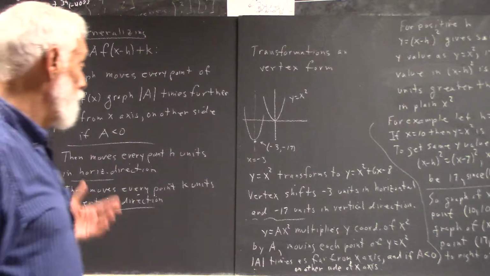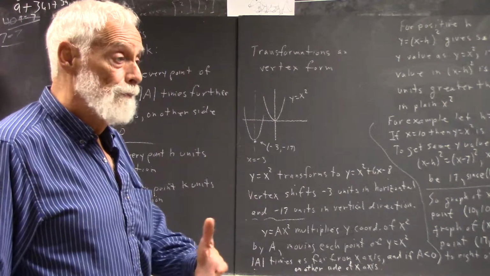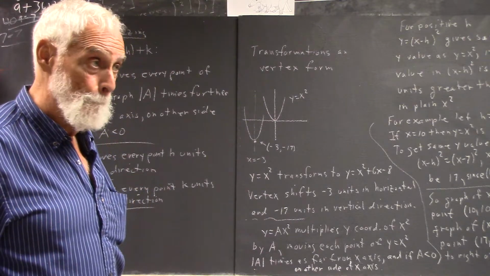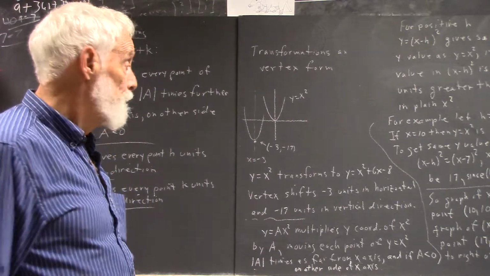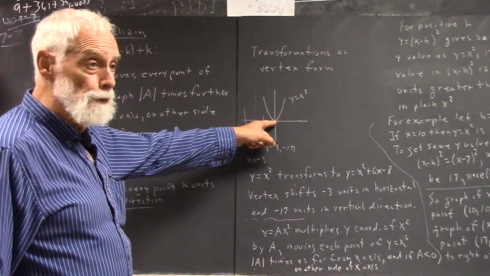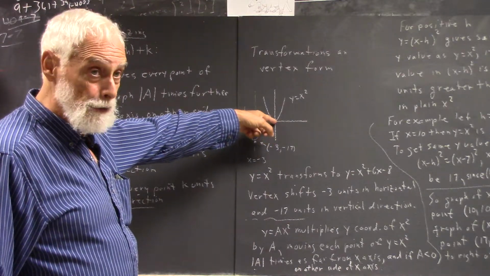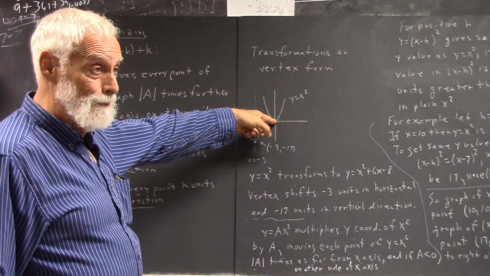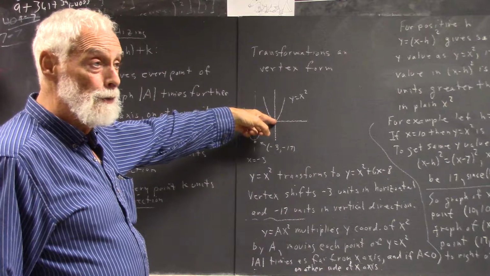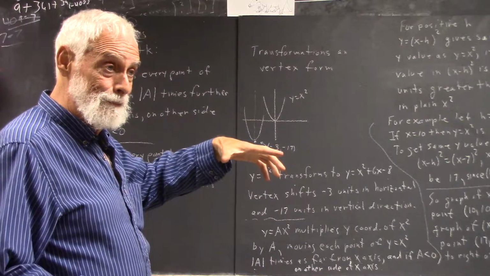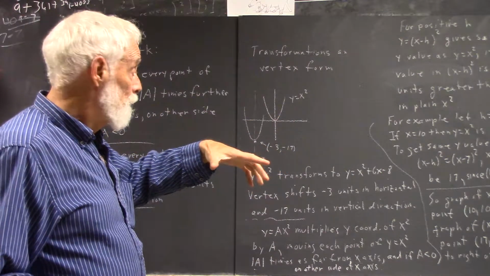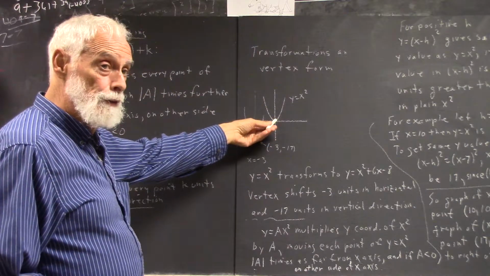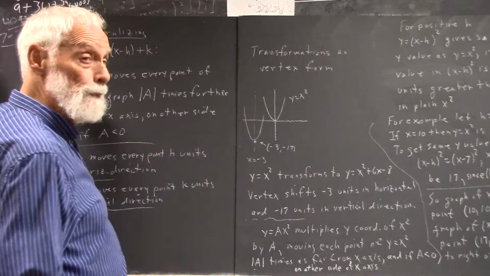Every point has the same horizontal and vertical shifts, okay? The vertex of the y equals x squared graph is on the x-axis, so no matter what a is, it's going to stay where it is when you do the vertical stretch. Okay? In this case, you don't have a vertical stretch, but it doesn't matter. The vertex is going to stay where it is when you do this.